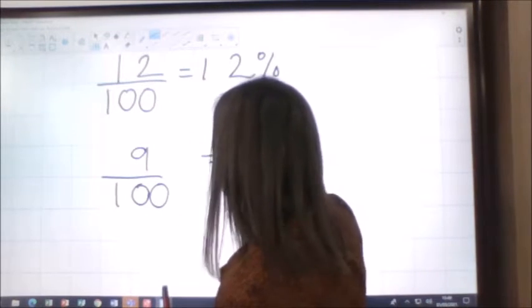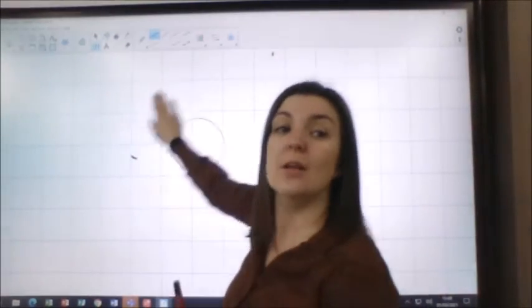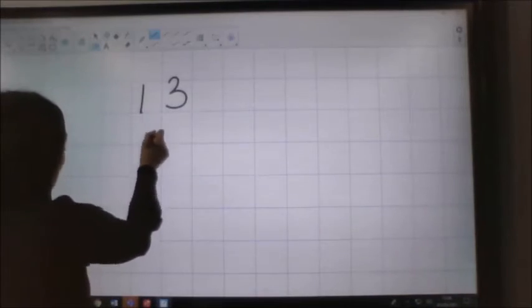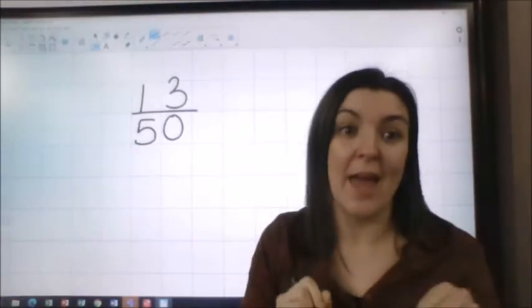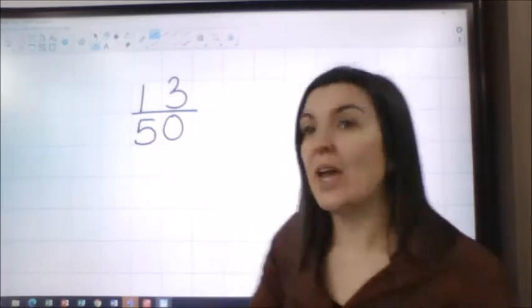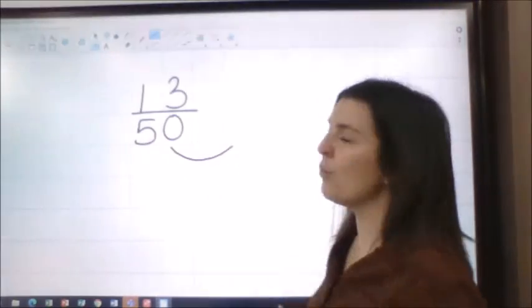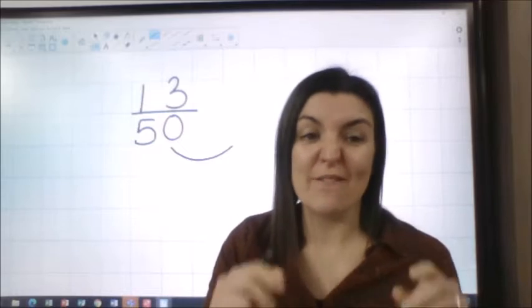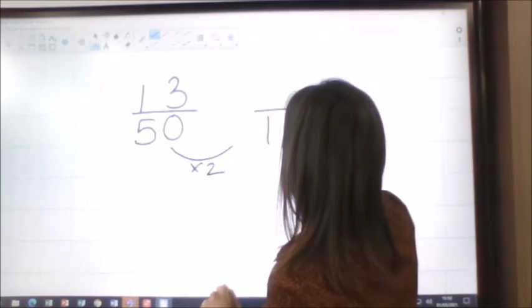Okay, so if your denominator is already 100, you can just use the numerator because that already means out of 100. If it's not 100, I'm going to show you how to make an equivalent fraction so that you can use the numerator still. So you might have something like 13 out of 50. Your denominator might be 50. In this case, we'd have to use multiplication to change 50 to 100. So we've got to think, what would I multiply 50 by to get 100? I know that 50 multiplied by 2 is 100.